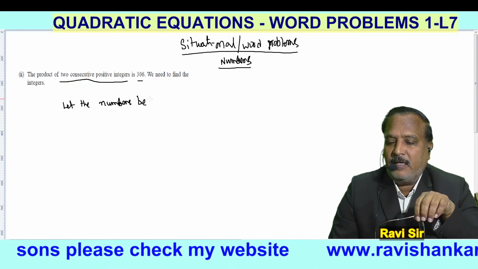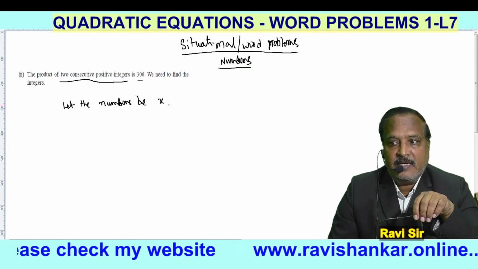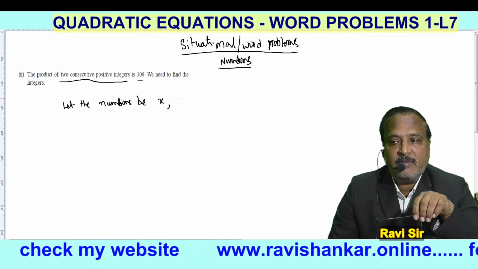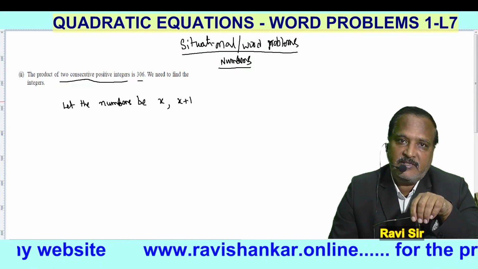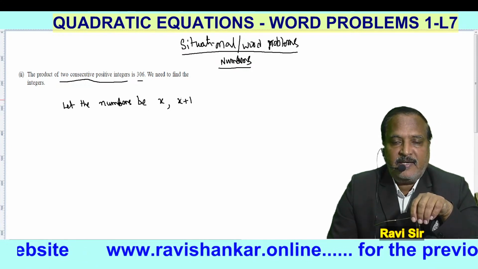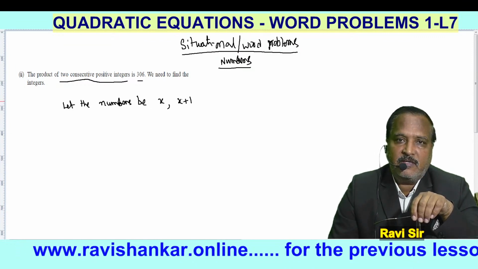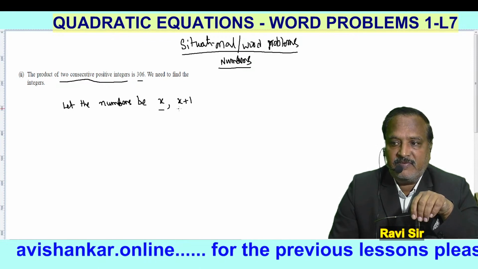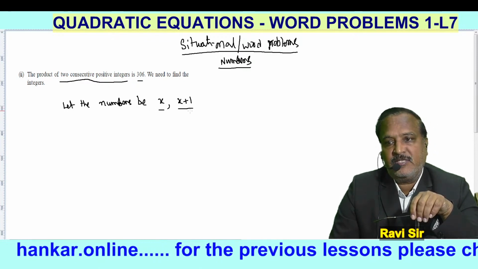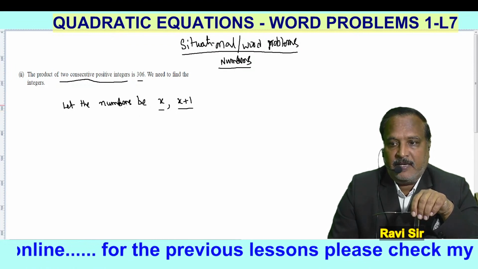Let the numbers be: if one number is x, its consecutive number is x plus 1, because for every two consecutive numbers the difference is 1. You get a consecutive number by adding 1. This is simple common sense. So if x is the number, x plus 1 is the next number, x plus 2 is the next number. This is the main part.